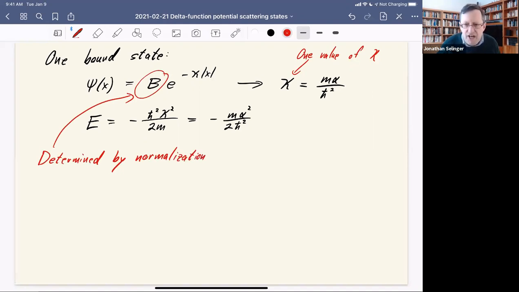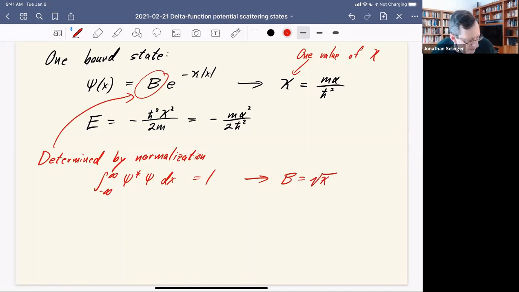That is, the integral from minus infinity to infinity of psi star psi dx equals 1. If you do that, you find that b has to be the square root of kappa, so the square root of m alpha over h bar. This is the one bound state.